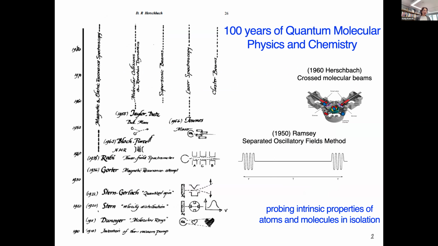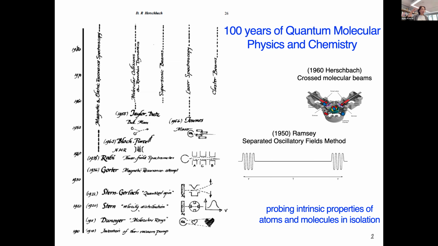The field really started 100 years ago, where, for example, this is an excerpt from Professor Dudley Herschbach's Nobel Prize lecture, where he noted that the field really started with, say, Otto Stern, with the development of molecular beam techniques to allow us to begin to probe isolated atoms and molecules, isolating atoms and molecules in a vacuum chamber such that we can really begin to probe their intrinsic properties.